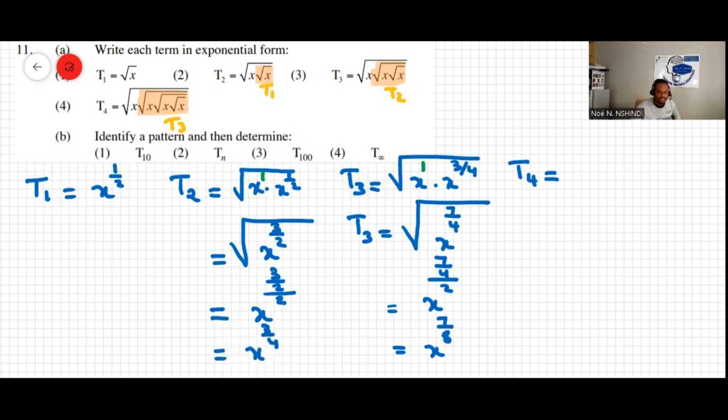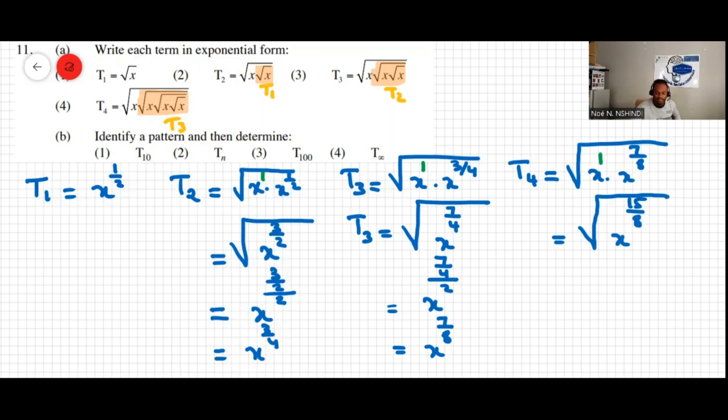So term 4 will be the square root of x multiplied by x to the power of 7 over 8. Again, there's an invisible power there, which is 1. So we're going to add the exponent. 1 plus 7 over 8 will be 15 over 8.